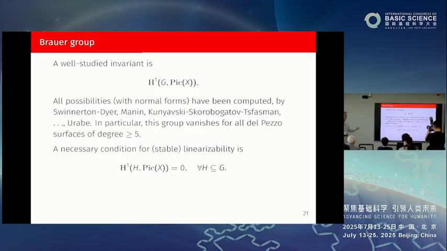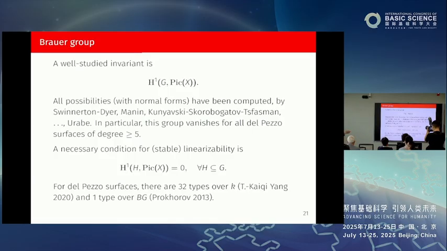Because if you're not linearizable for a subgroup, you're not linearizable for the big group. And so over non-closed fields, there are actually 32 types of del Pezzo surfaces where this H^1 is 0. And those are candidates for stable rationality. And over BG, there is only one such type, as I mentioned. It's a result of Prokhorov.